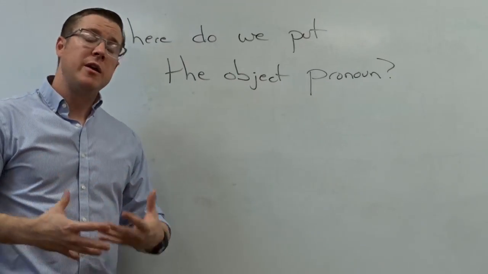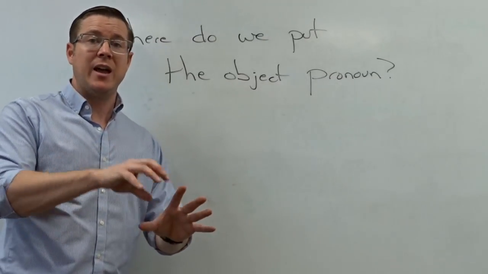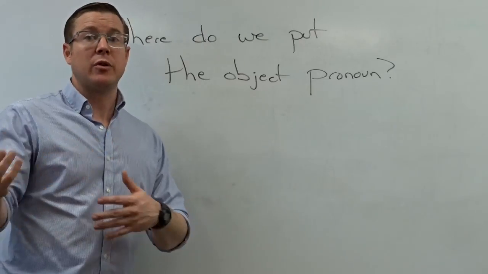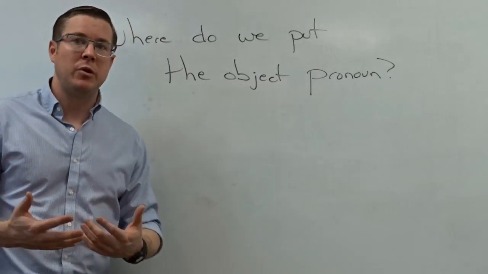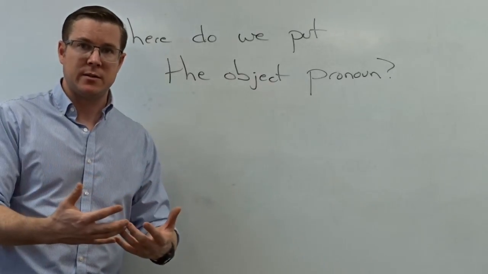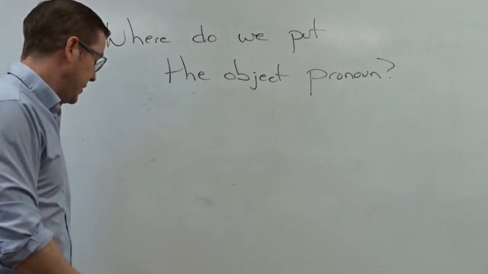All right, hopefully now you have a pretty good idea of how to identify the direct object and from that figure out what the correct object pronoun will be. The next step is, where do we put that object pronoun in the sentence? In English, we just simply insert it in the same place.